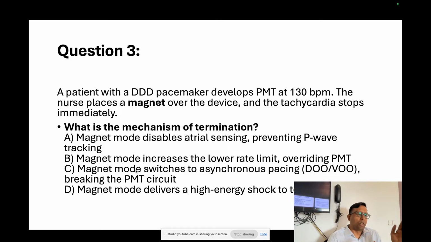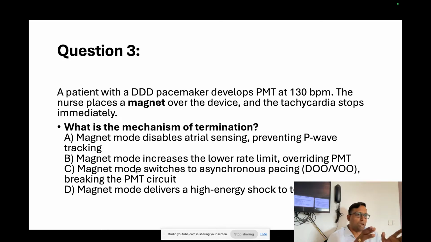Otherwise, it should go for the ATPs, terminate the tachycardia; not terminated, give one or two; not terminating, shock it. This is the usual protocol for the ICDs. But if a patient is developing 2 or 3 shocks and is still getting a third, it is one of the most difficult situations or life's challenges for a patient who has been implanted with a device.